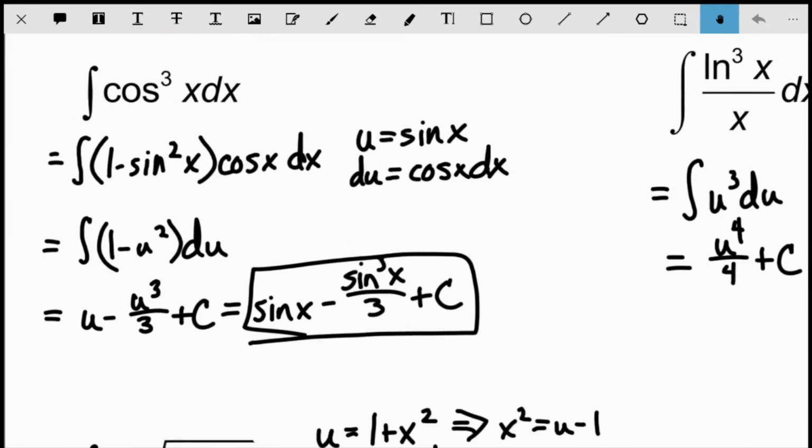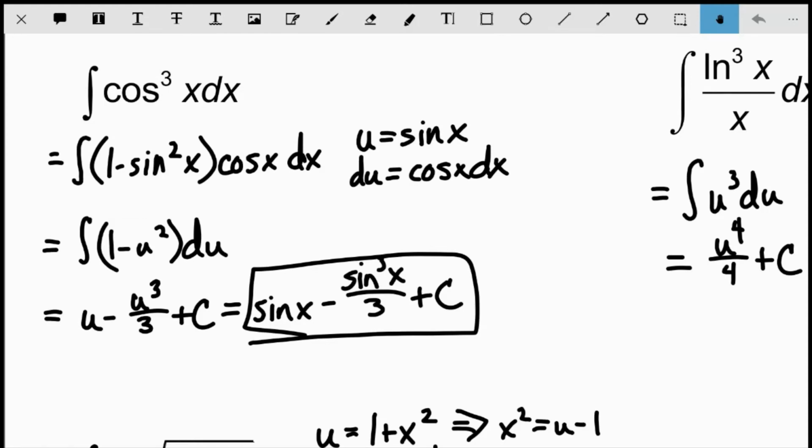Cosine cubed. So again, nothing really obvious on the surface. You just have to think through this a little bit. I know that I can't integrate cosine cubed. I don't have a u and a du I can work with, so I have to start thinking about ways I can manipulate this. What I did was treat it as cosine squared times cosine.